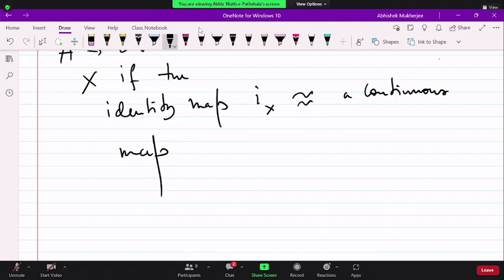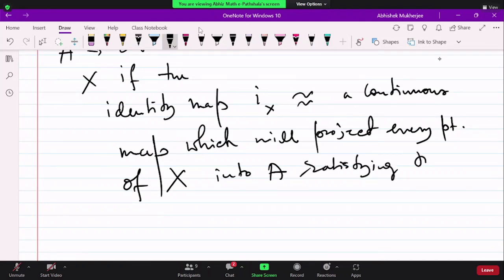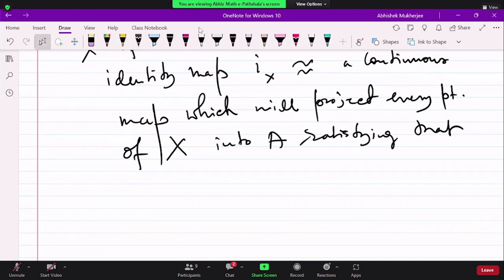So a continuous map which will project every point of X into A, satisfying that if you restrict this map to A, it will be the identity on A again.